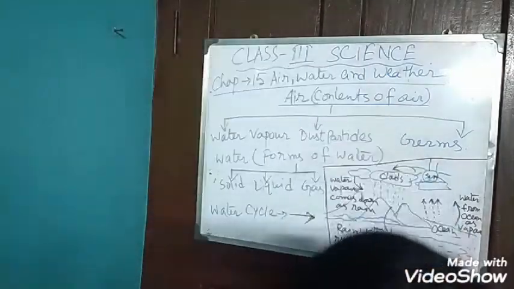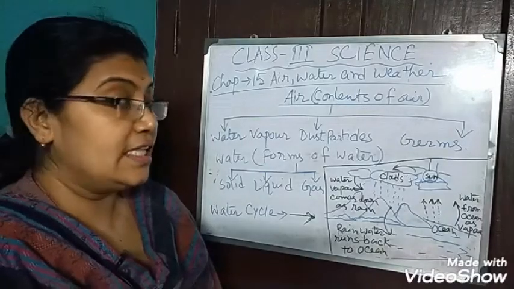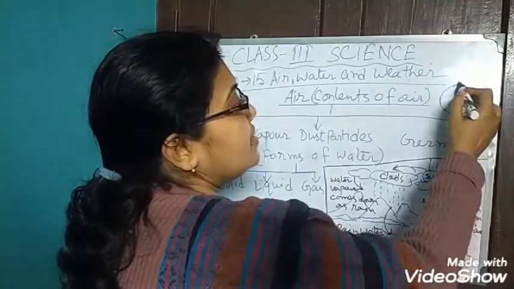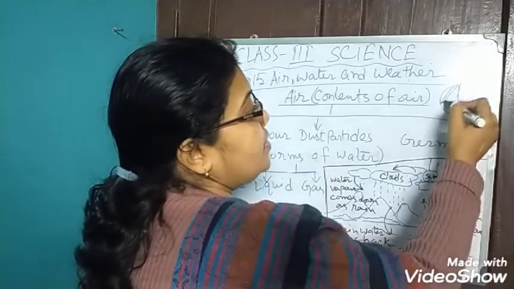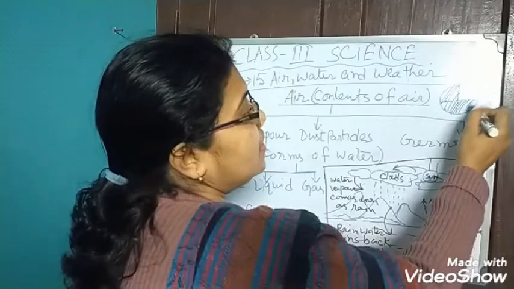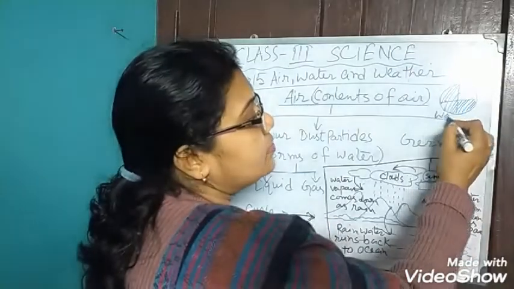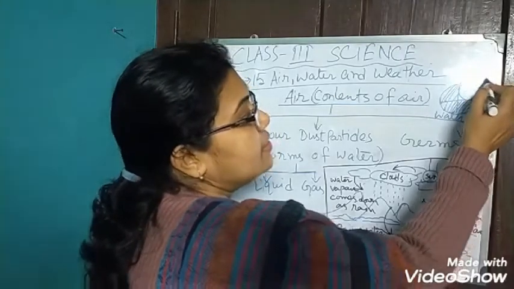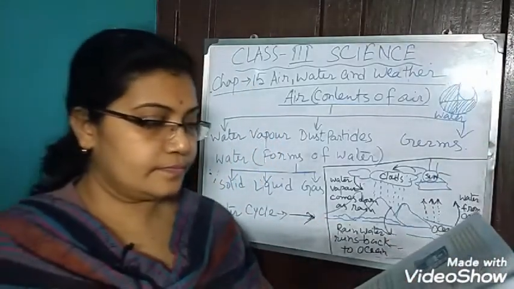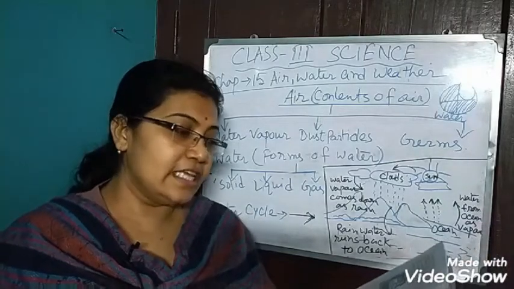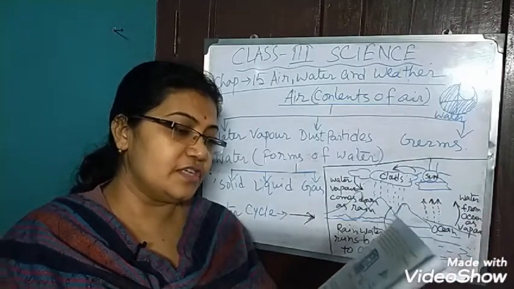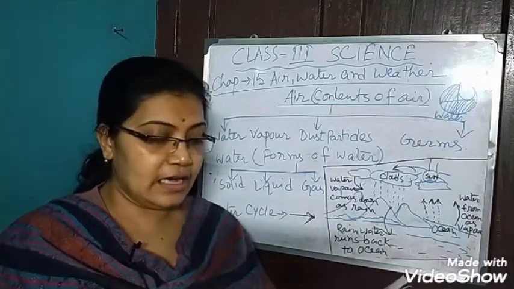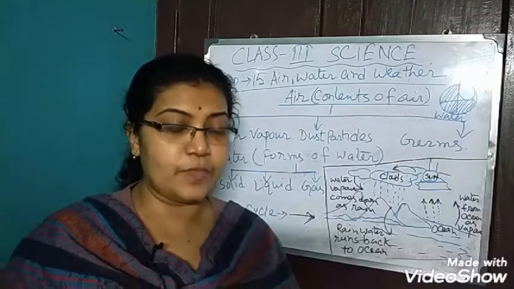Suppose this is our earth: the 3/4 part of the earth is water and 1/4 is land. This water is present in the oceans, rivers, lakes, ponds and wells.